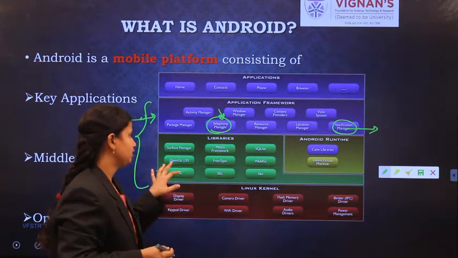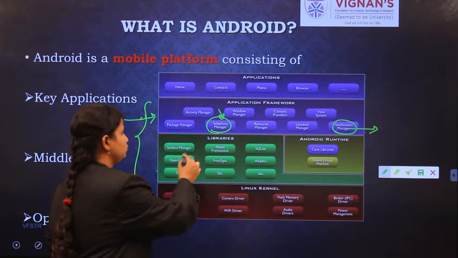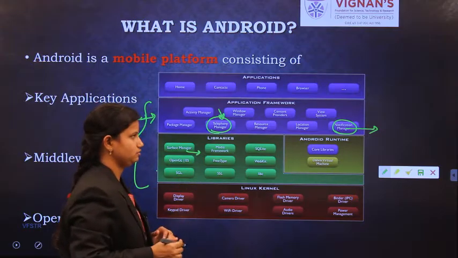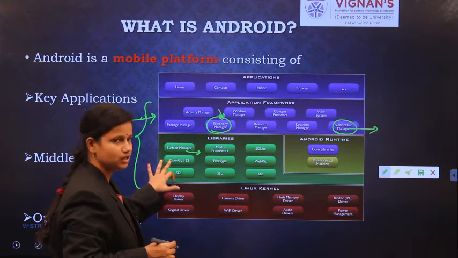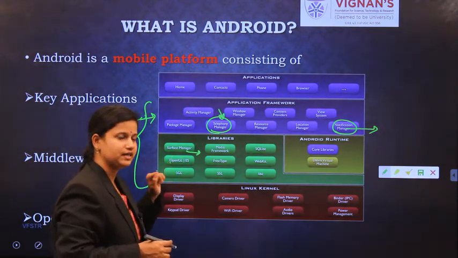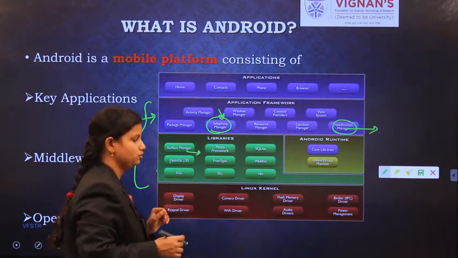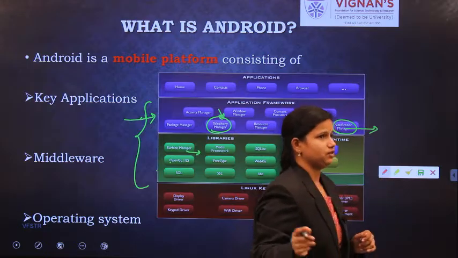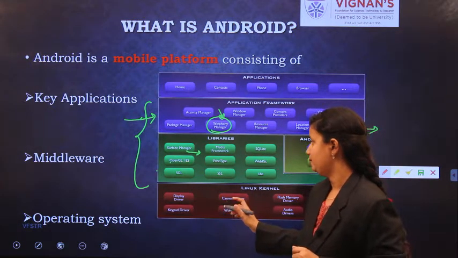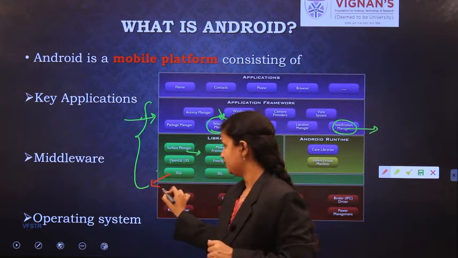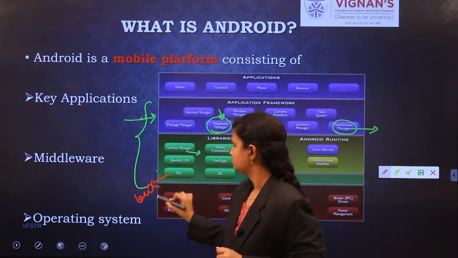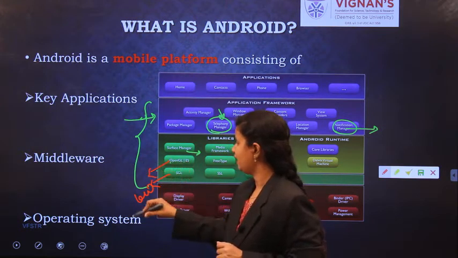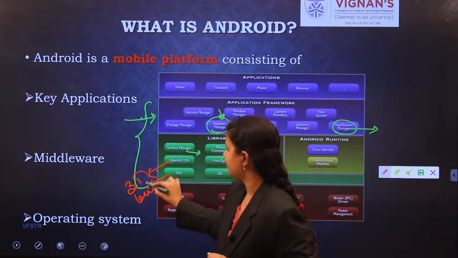The next one is libraries. The libraries help us support different things. OpenGL is a library for 3D graphics, and SGL is the scalable graphics layer, which is low-level graphics, whereas OpenGL is high level, for 3D graphics.